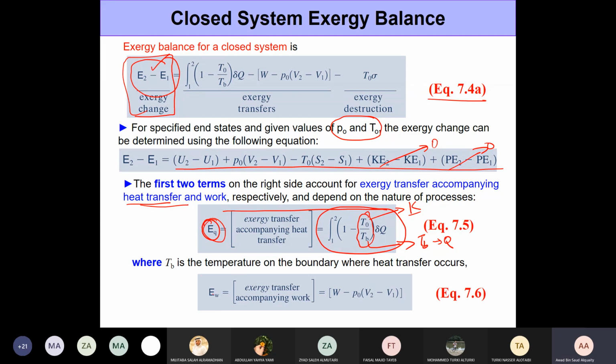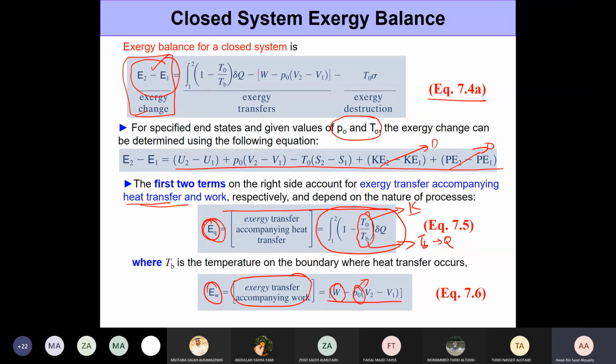Now, the second part is the exergy transfer accompanying work, given by EW. This consists of two different components. One is the work actually done by the system, and minus P naught (V2 minus V1). P naught is the pressure of the environment, and V2 and V1 are the volumes of the system that you're considering, between the two states.